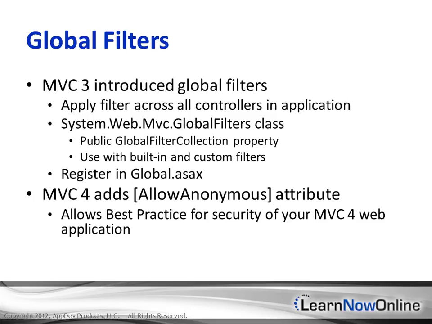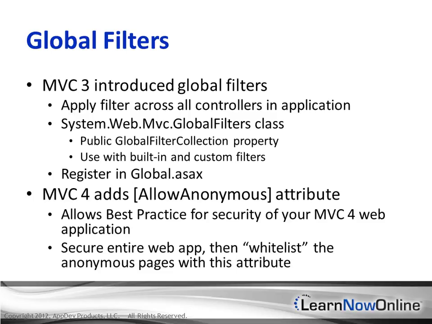What AllowAnonymous does is that it tells the action result, for instance, that this is a publicly available method within the controller that will return a view, and it will just make your site more secure by doing this and having the flip of that using the Authorize attribute. This will allow you to, as I just said, secure the entire web app, and then you can whitelist the anonymous pages with this attribute.